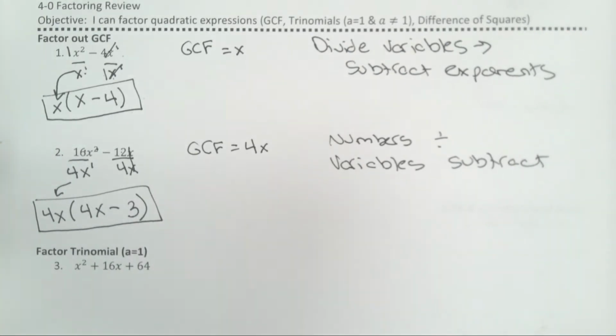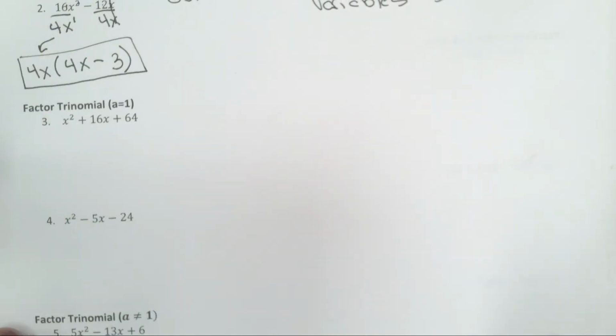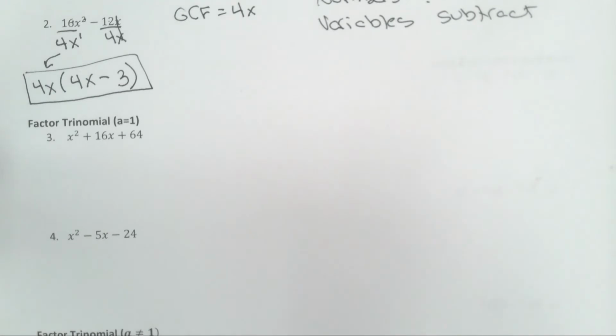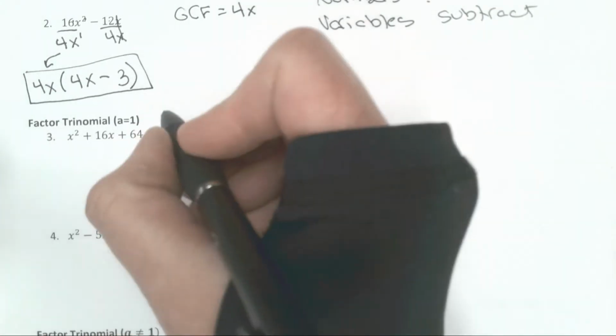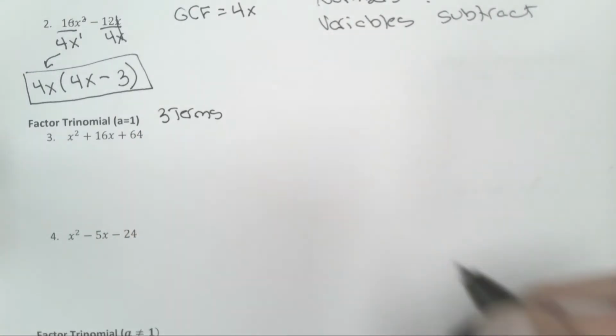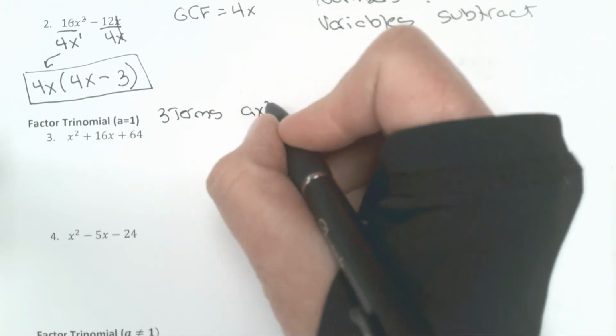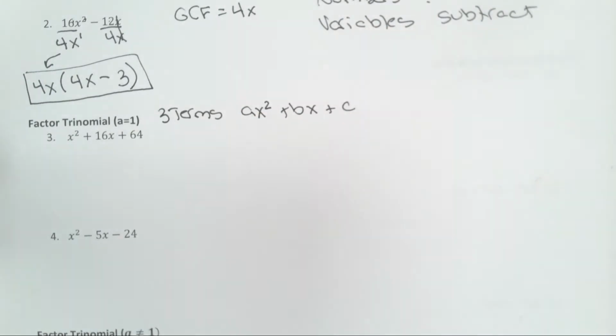The next kind of factoring that you might have to do will be to factor a trinomial. So a trinomial means that it has three terms. And it is always in the form of ax squared plus bx plus c.